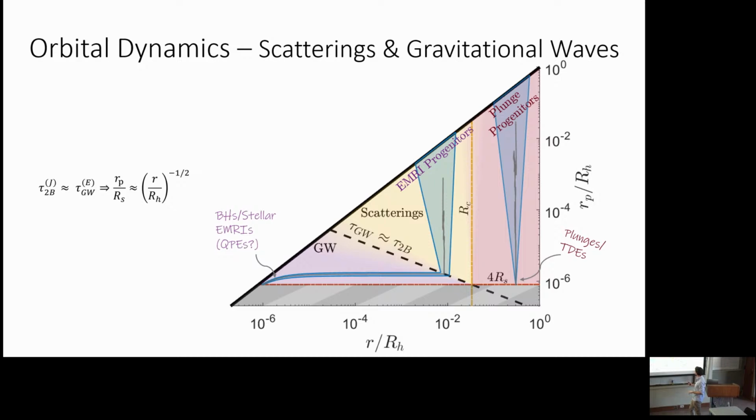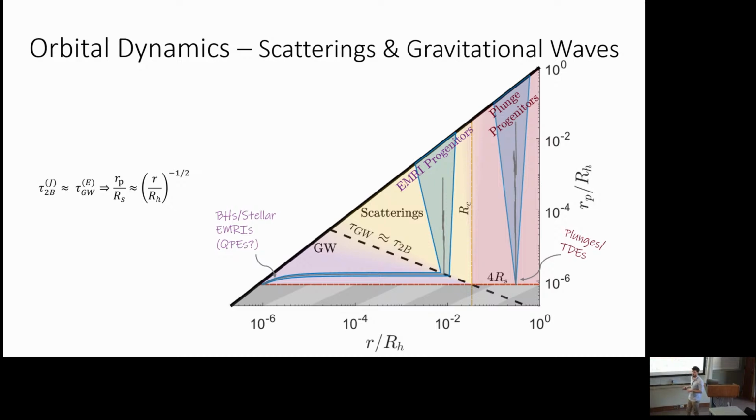Now we can start at large distances. Typically scatterings dominate. I said the gravitational wave has a very steep dependence on the distance. So here the scattering dominates, and at small distances, gravitational waves take over. And we have this separation, the dashed black line, which is where the two timescales are comparable.